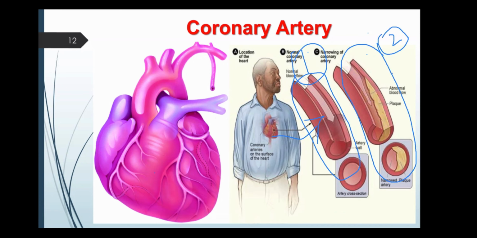If you check the cross section of your blood vessel, here you see the tube is clean, nothing is there. But if you check the cross section of this tube, you see some yellow deposit. This yellow deposit is called plaque, and it blocks the blood to the heart itself.